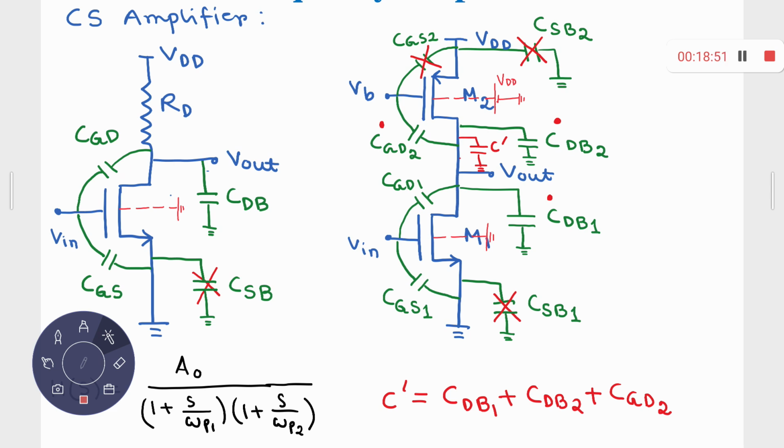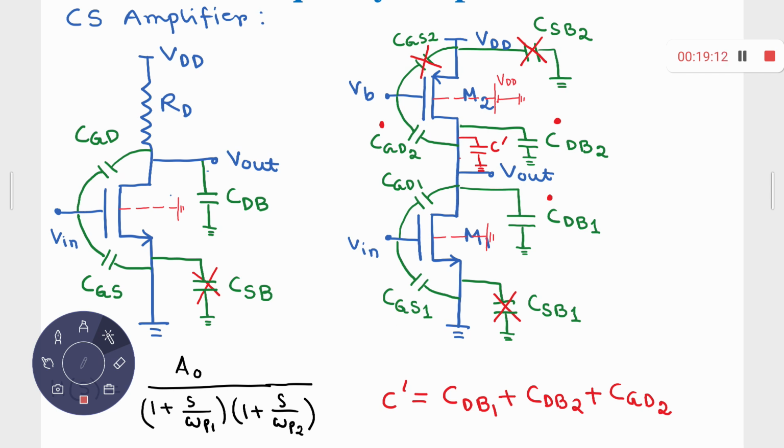Out of them, is there any capacitor which is experiencing Miller effect? CGD1. So what you have to do is decompose this CGD1 into two capacitors. One connected between G1 and ground, and the second one connected between D1 and ground.